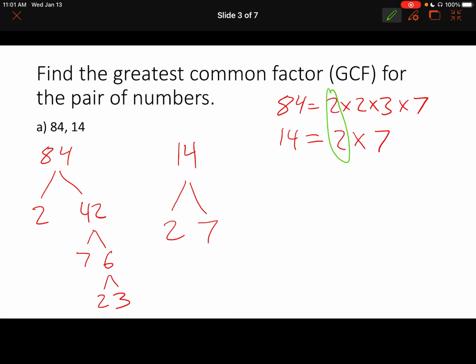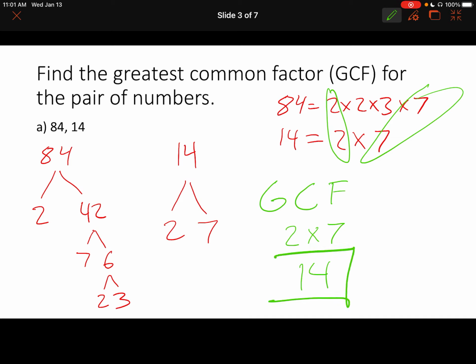Each shares a single 2 as a common factor, and each shares 7. So our greatest common factor, or GCF, is going to be 2 times 7, or 14. So 14 is the greatest common factor of both 84 and 14.